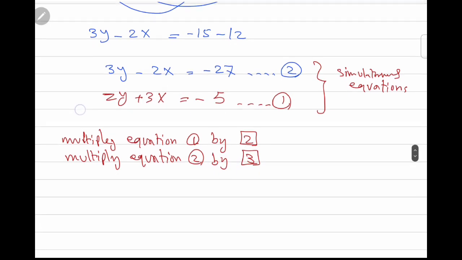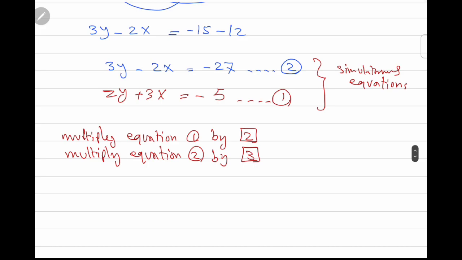So in this case, equation 1 becomes, if you multiply every term by 2, 2y times 2 will be 4y. 2 times 3x, that will be 6x, equal to 2 times minus 5, which is minus 10. So that's equation 1 multiplied by 2.